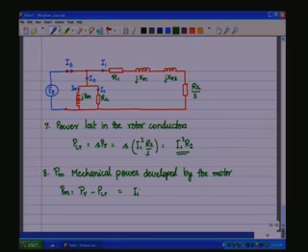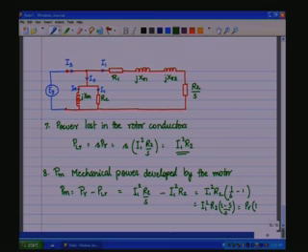So you have I1 square R2 by S minus I1 square R2, which is I1 square R2 (1 by S minus 1), which is equal to I1 square R2 (1 minus S) by S, which is equal to PR (1 minus S).